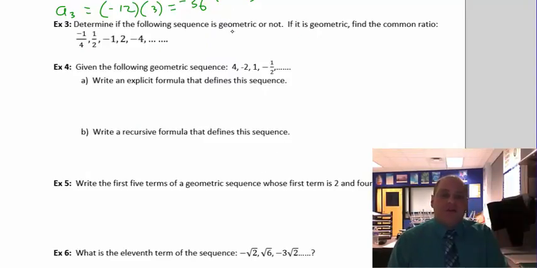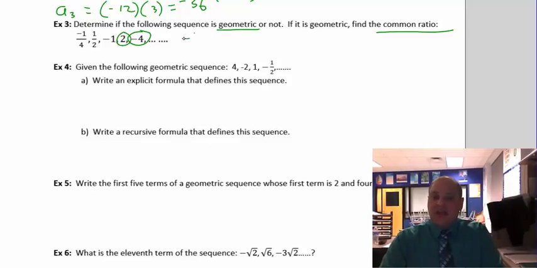Determine if the following sequence is geometric or not. If it's geometric, find the ratio. Well, basically you could tell that just by dividing, because if there is a ratio, you should be able to divide going backwards. So start with the last one and divide by the previous term. -4 divided by 2, that's -2. So that means I must have multiplied to get to -2.